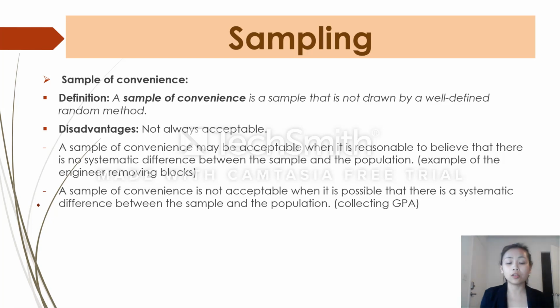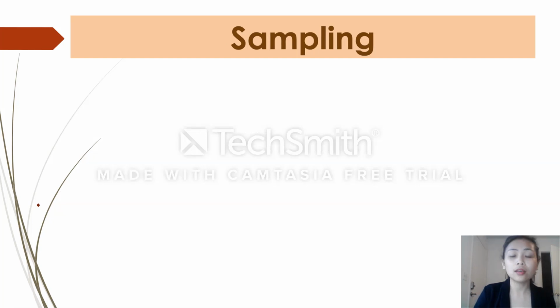Just like if your sample consists of all smart people, their GPA is for sure higher than other people. So the average of your sample cannot be the best representation for the whole population. So that is about sample of convenience.